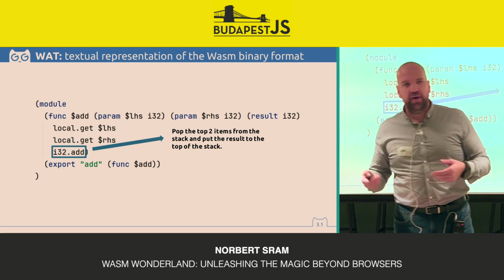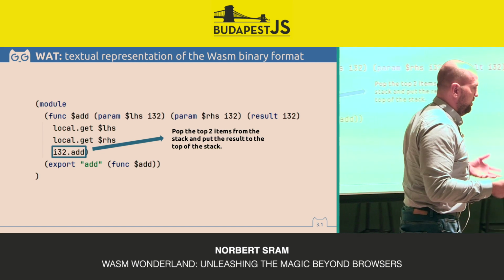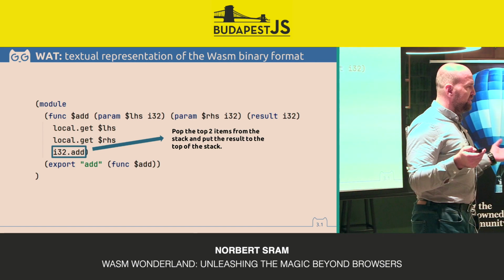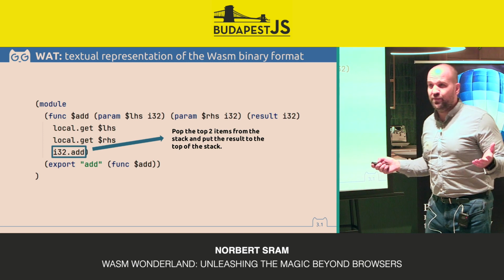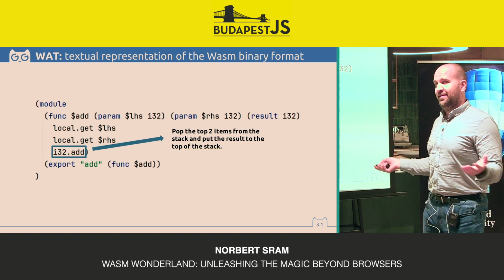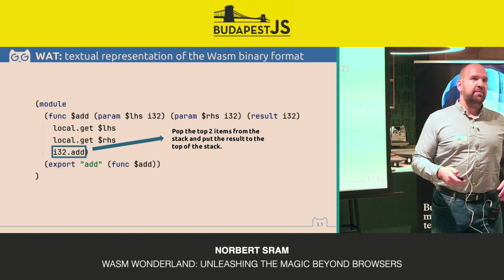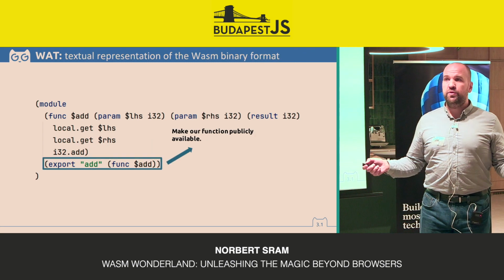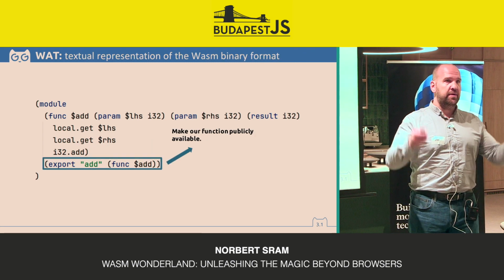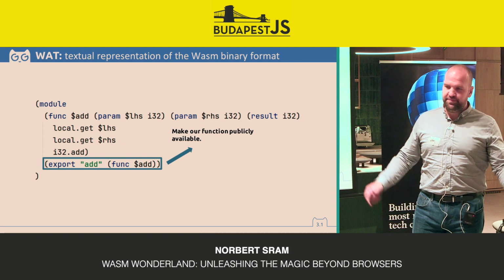So that's kind of how it works. I don't know the main reason why they choose this, but it seems to work for a lot of people in the world, so I think they did the right decision. But that's all there is to it. And if you want to make your function available elsewhere, you export it.